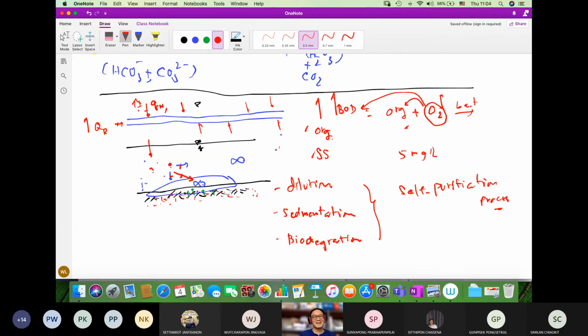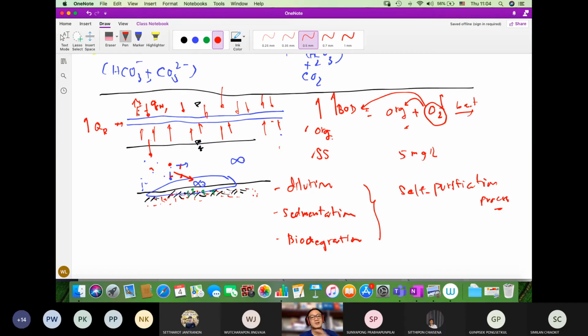But there are thousands of houses located along this canal, and all the houses gradually discharge waste into this stream. So it's finally over capacity. Then the stream ends up in spoilage conditions.